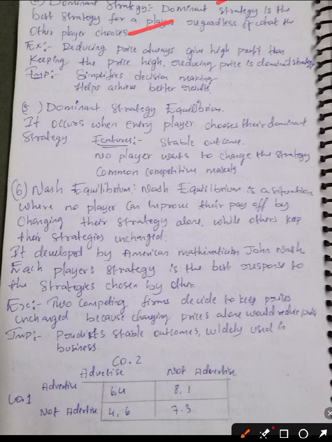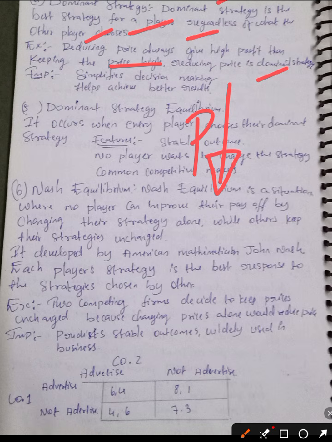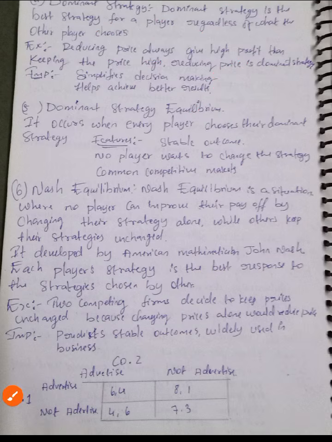Example: reducing the price always gives higher profit than keeping the price high. Reducing price is the dominant strategy. Importance: decision making, helps achieve better results.